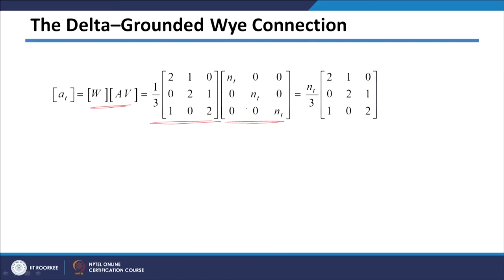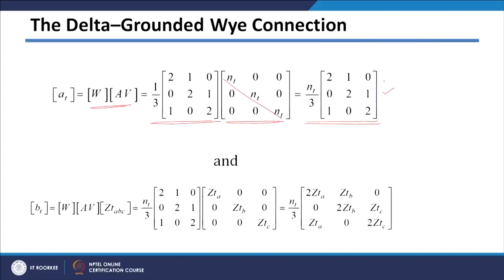So we can easily write NT, since it is diagonal, it gets multiplied to each entry and basically comes out of the matrix. So it will be NT by 3 times this particular matrix. So your AT parameter will be given like this, and we have seen that your BT parameter is W multiplied by AV multiplied by your ZTABC.